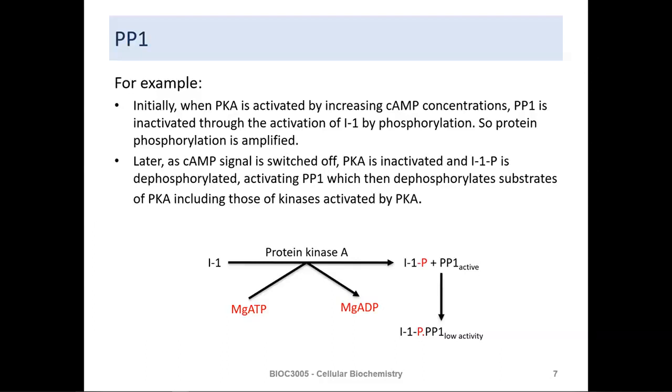And this is through the activation of inhibitor 1, or I1, by its phosphorylation. Protein kinase A, when active, will phosphorylate inhibitor 1. This will then combine with our active protein phosphatase 1 to reduce its activity. By doing so, protein phosphorylation is amplified.